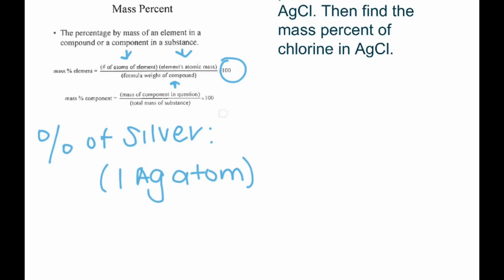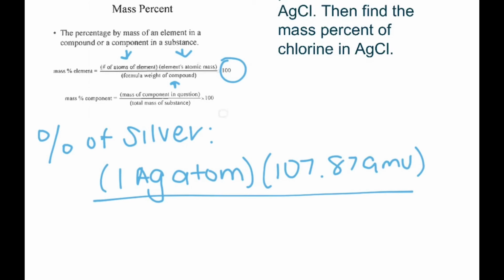Then you look to find the element's atomic mass, which is 107.87 AMU, all over the formula weight of the compound. So it would be 107.87 AMU, which is the mass of silver, plus the mass of chlorine, which is 35.5 AMU.